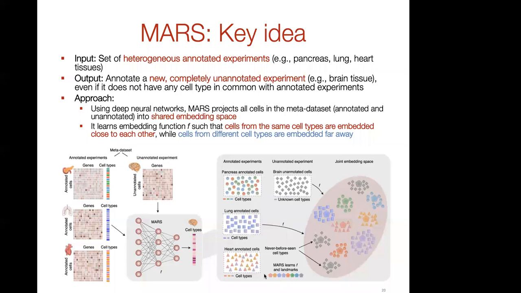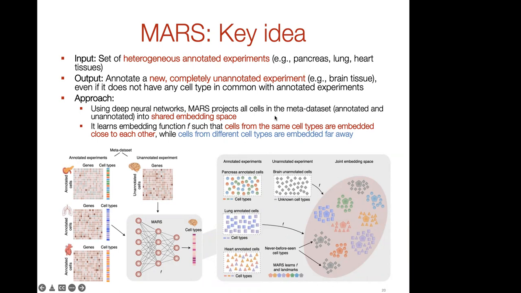And so the approach that MARS takes is the following. We take this set of heterogeneous annotated experiments, and MARS will learn and optimize a low-dimensional compact embedding space that will project all cells in that input data set, both annotated and unannotated, into that shared embedding space. This will be done during the process of meta training.